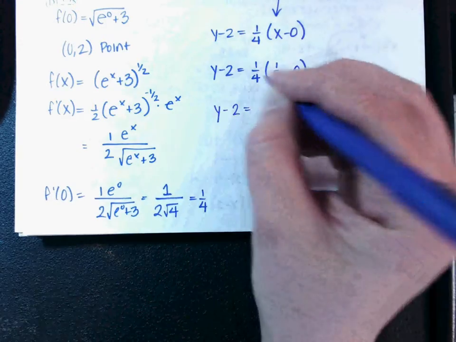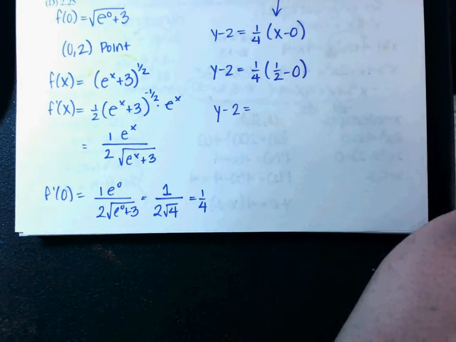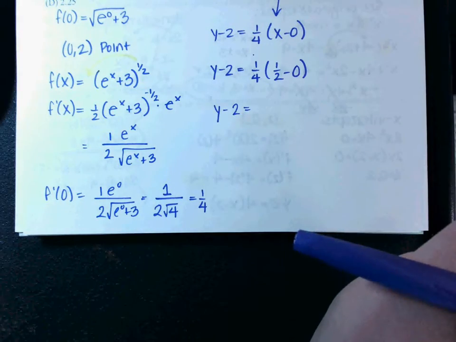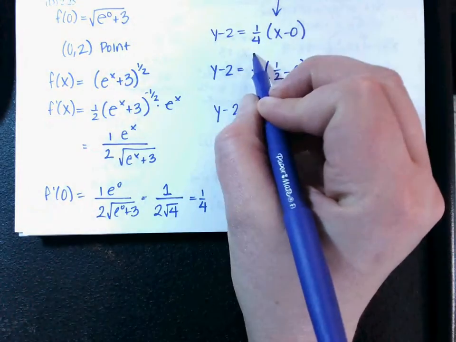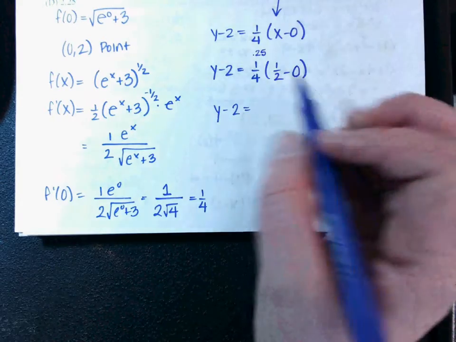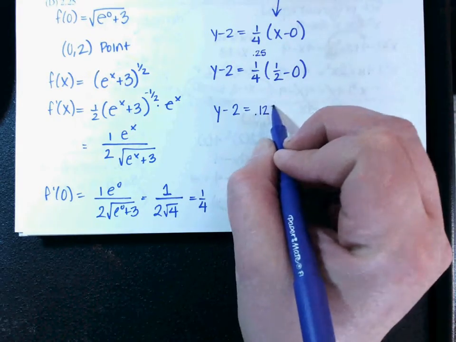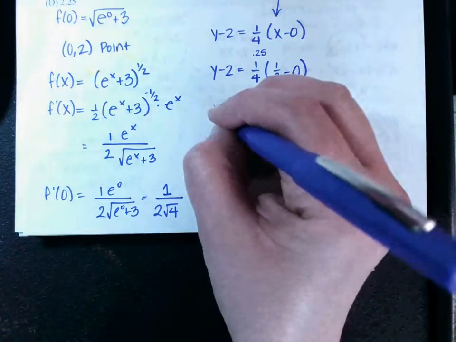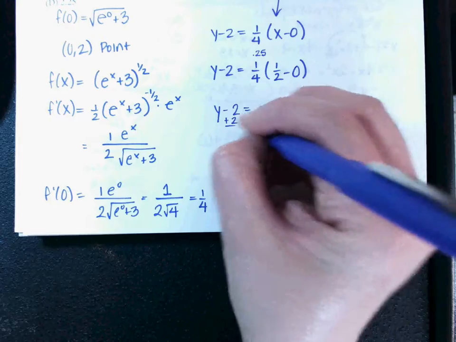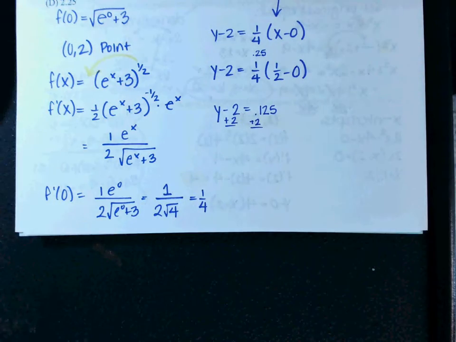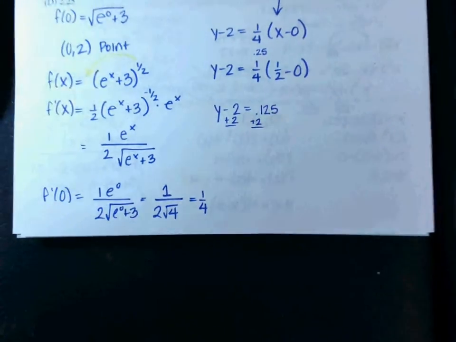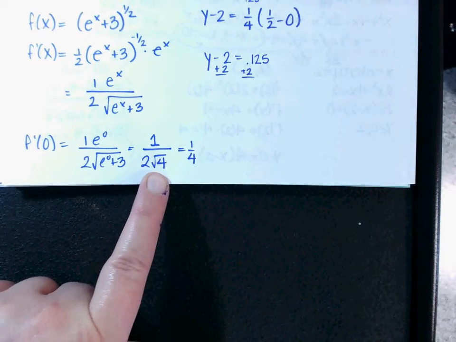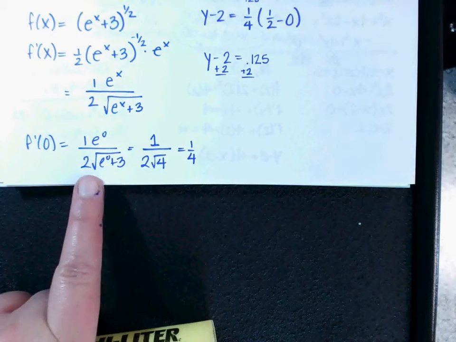Okay, 0.25, half of that would be 0.125, right? And then to get rid of the -2, we would have to add it across. Down here, we took the derivative, and when we plugged it in, the root of 4 is 2, and then you already had a 2 in the front from the 1/2.